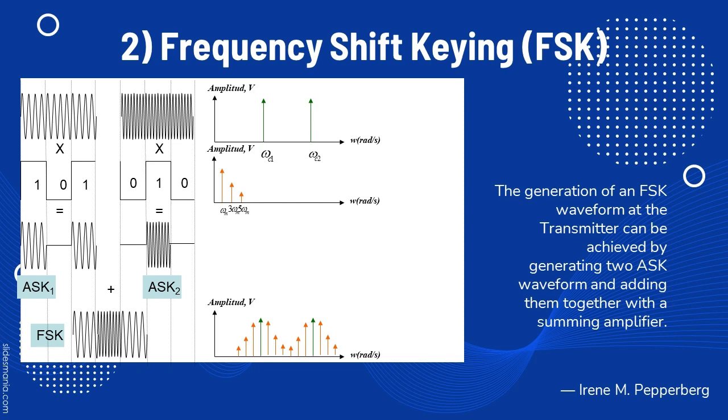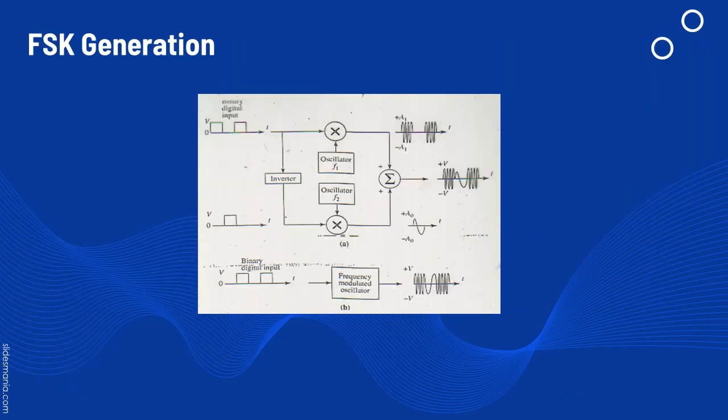The generation of an FSK waveform at the transmitter can be achieved by generating 2 ASK waveforms and adding them together with a summing amplifier. This is what I said just now. They will add 2 ASK here, and then we use a summing amplifier here that will make this output.